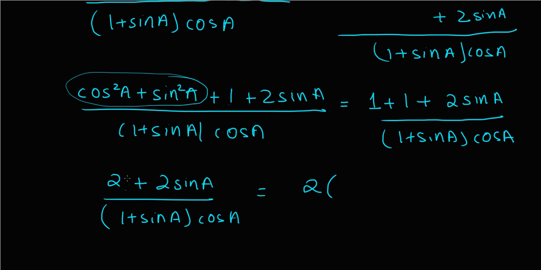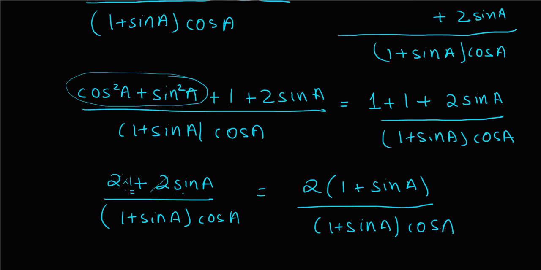So when I take 2 common here, I can write this as 2 into (1 plus sine A). So if 2 is gone, what is left here? 1 plus sine A by (1 plus sine A) into cos A.